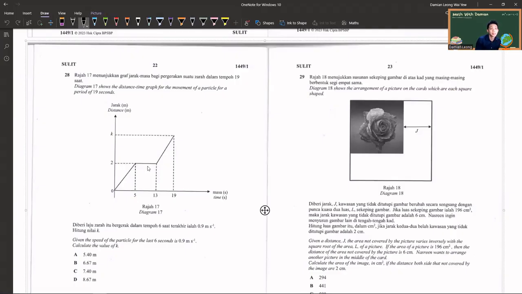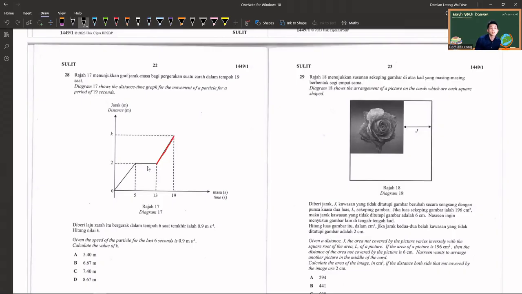Means I only consider this part. Okay, kami hanya melihat bahagian ini. So speed is change in distance over change in time. Okay, beza jarak dengan beza masa.